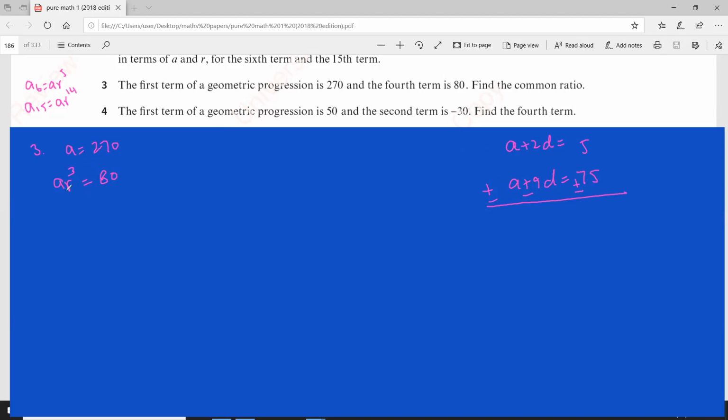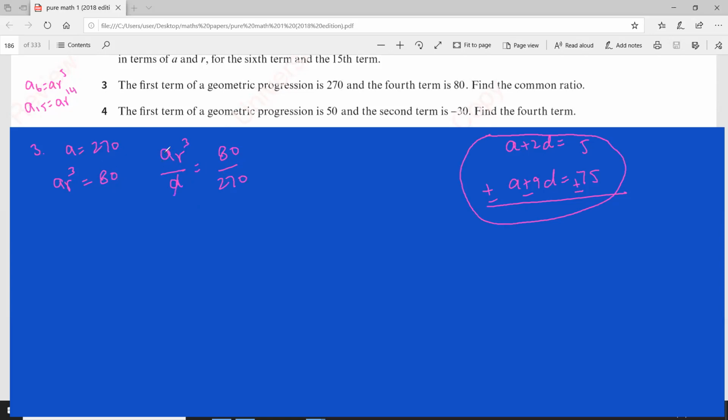You will have the terms in product in GP. So like in AP, where you were adding or subtracting the equations side by side, now you will be dividing them side by side. This will save a lot of time. I can write it as A R cube over A, that is 80 over 270.